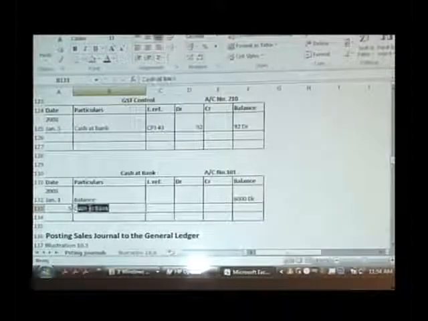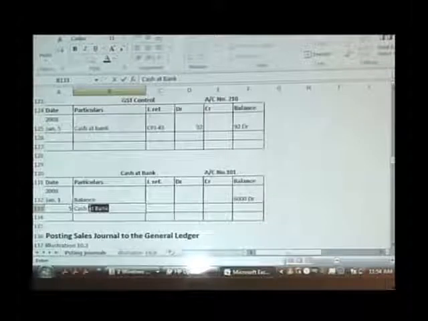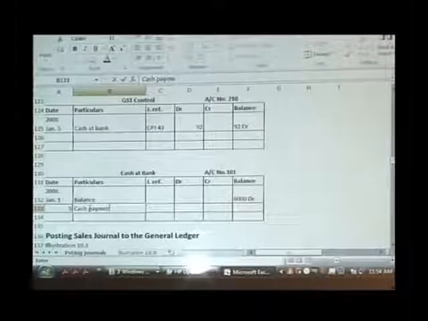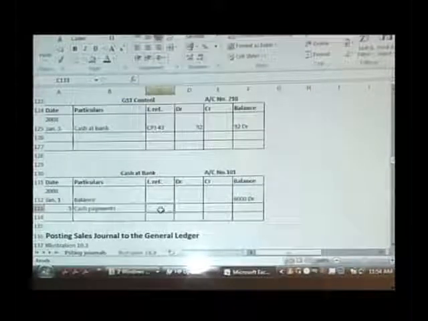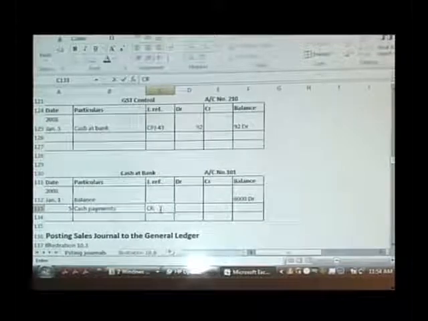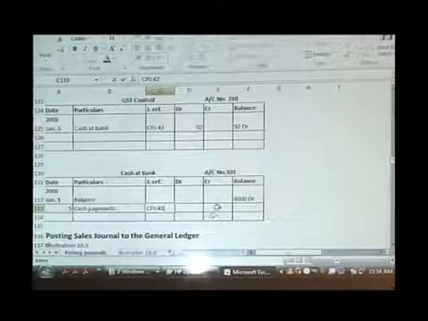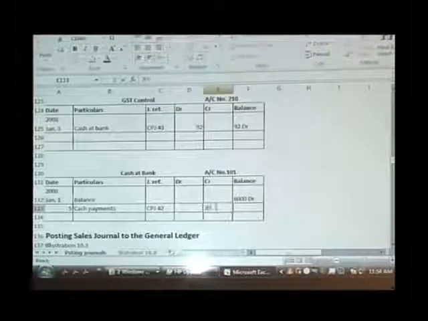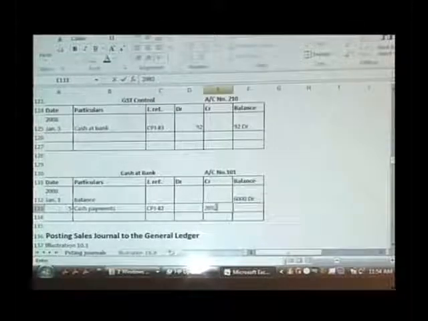And what we write here, cash payments. When you record or post the total cash payments, it is cash payments, CPJ 42, and the amount is 2092.